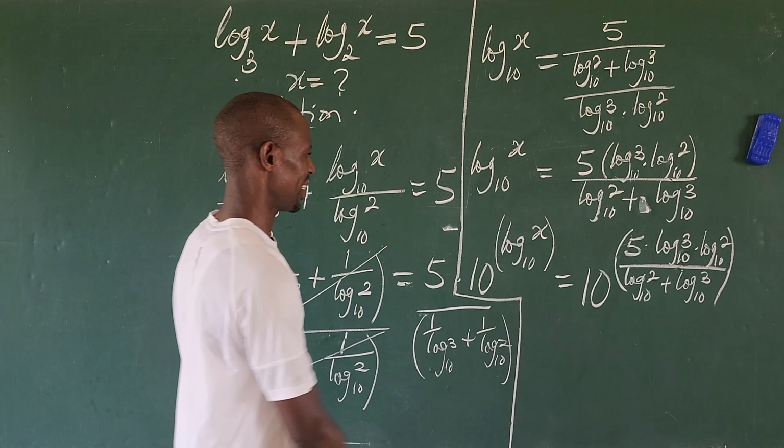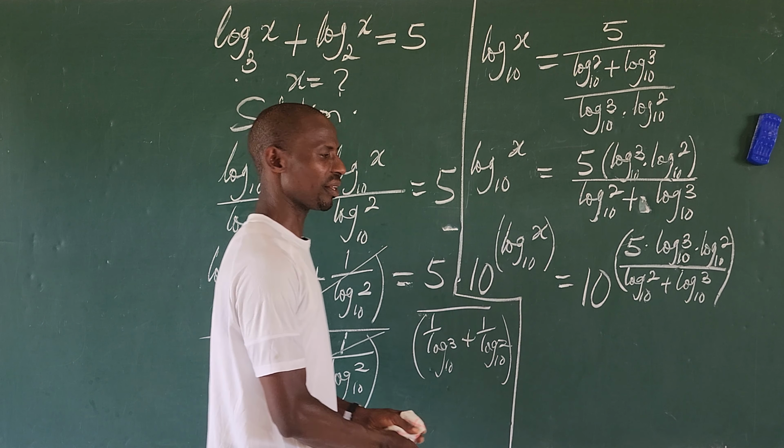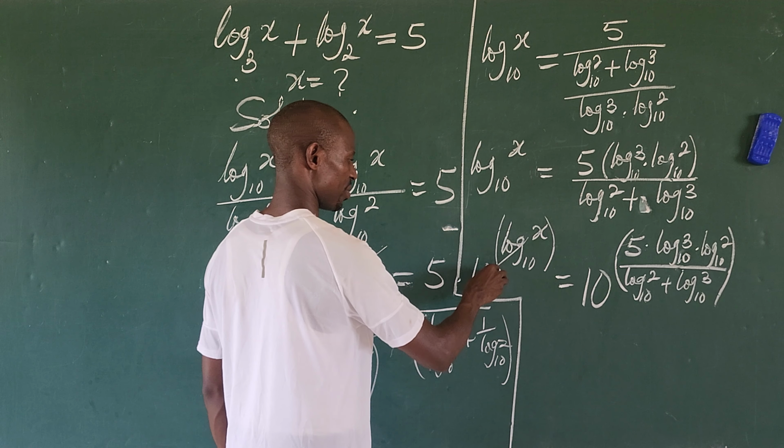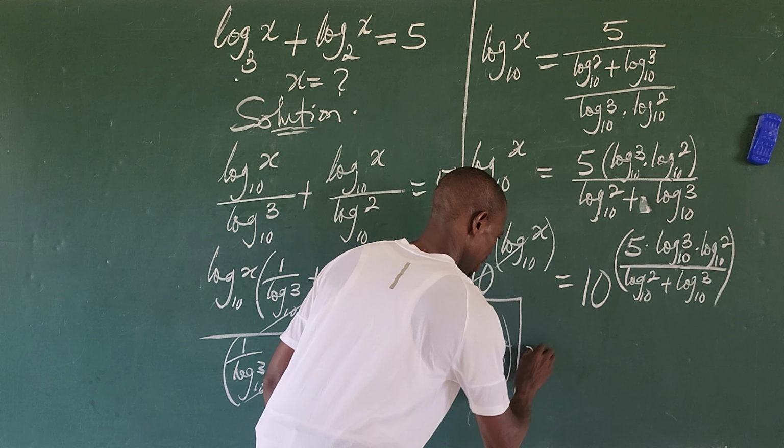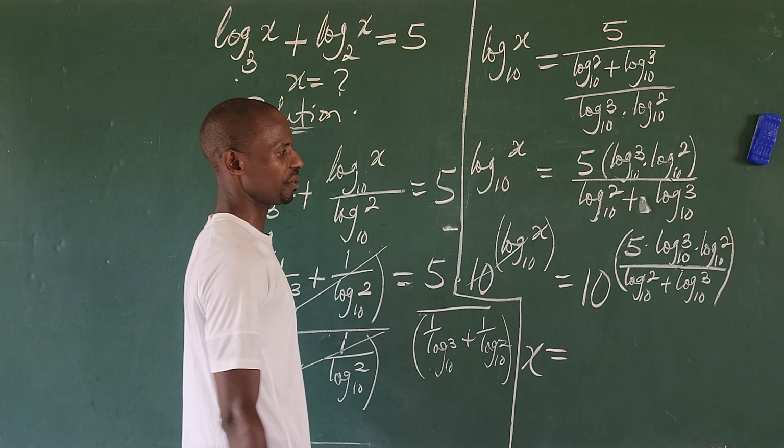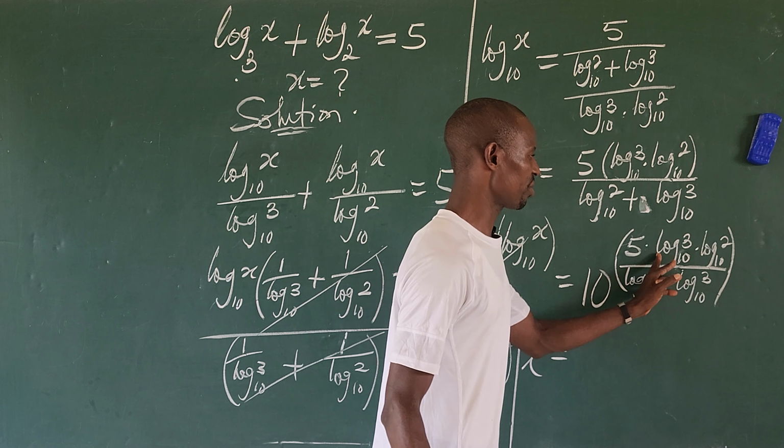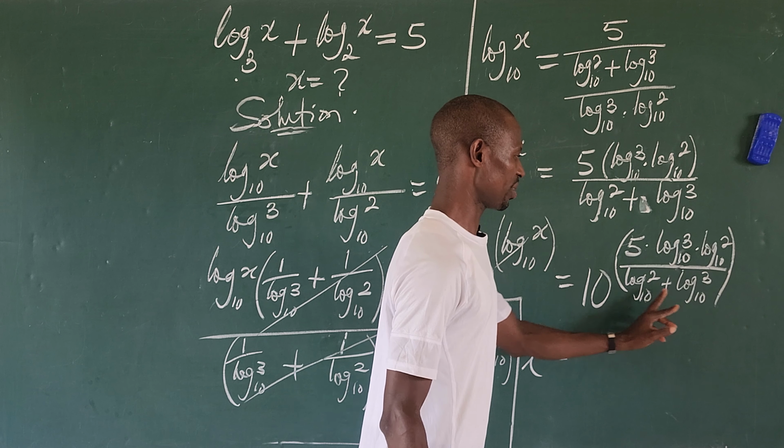Easy, right? So according to the law of this, 10 raised to log x base 10 gives us x. And so x will now be equal to this. We can find the numerical values of this.